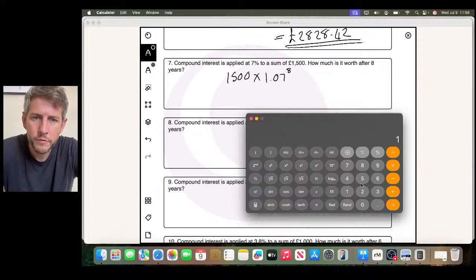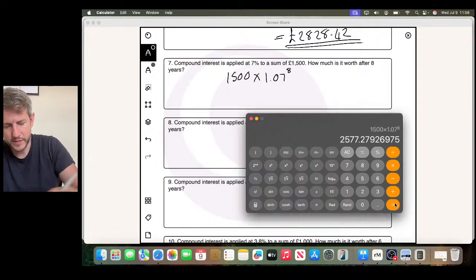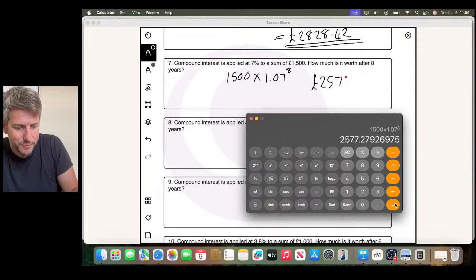So 1500 times 1.07 to the power of 8. Here we go. And so this will equal £2,577 and 28 pence.